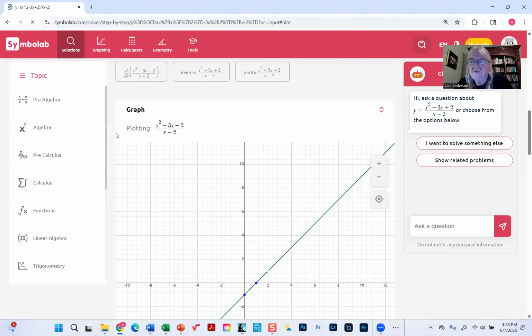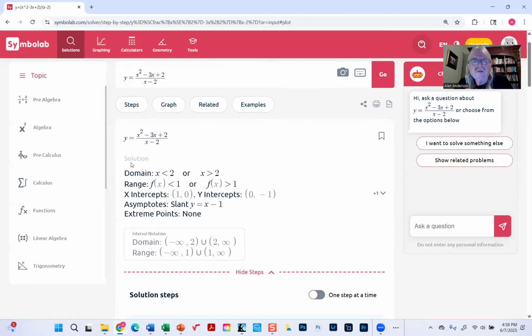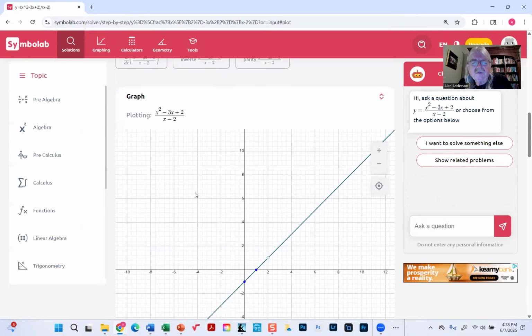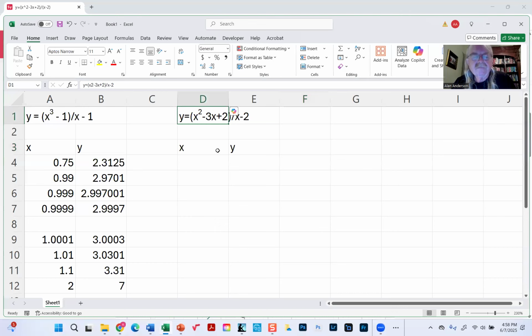So as you can see, this reduces to a linear equation. If you were to divide x minus 2 into the numerator, you'll see what happens. I'll do that with you in a second, but you can see when we reach 2, there is a discontinuity because of the fact that that would lead to division by 0. Now, while we're at it, why don't we do some long division and see what happens when we divide.